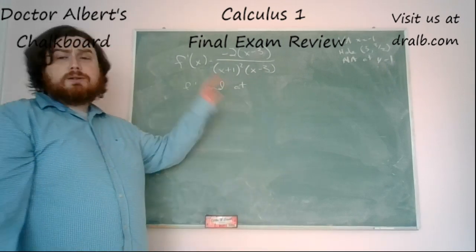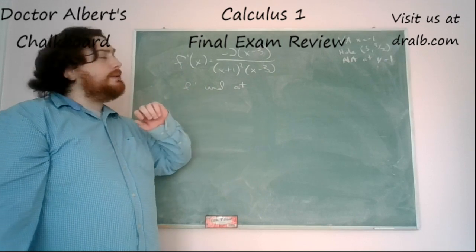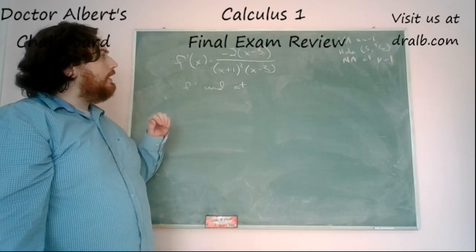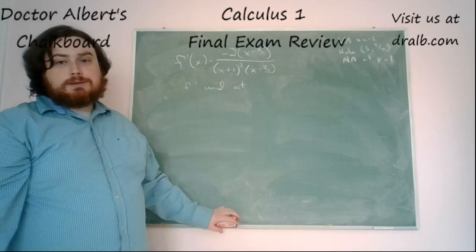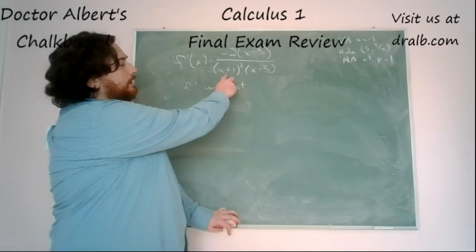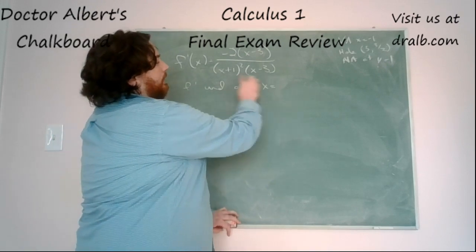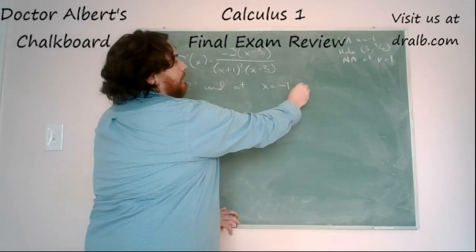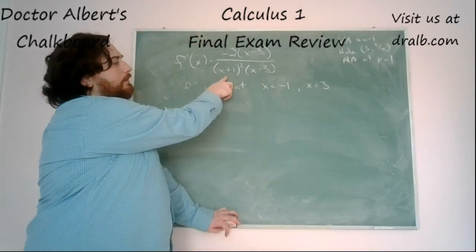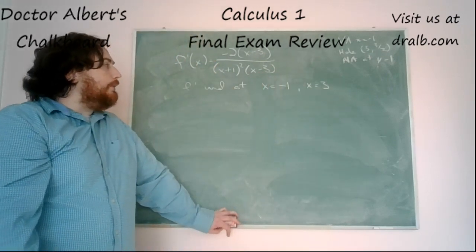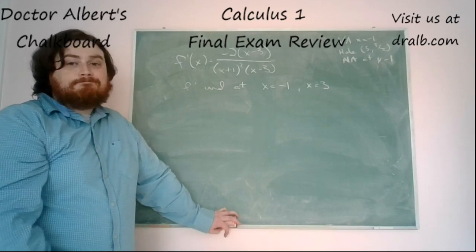Now to find critical points, remember we find where the derivative is 0 or undefined. If I want to find where this is undefined, I'm going to set the bottom equal to 0. If I set the bottom equal to 0, notice that I get x is -1, or x is 3. So at 3, this is 0. At -1, this is 0. So at those 2 points, my derivative is undefined.